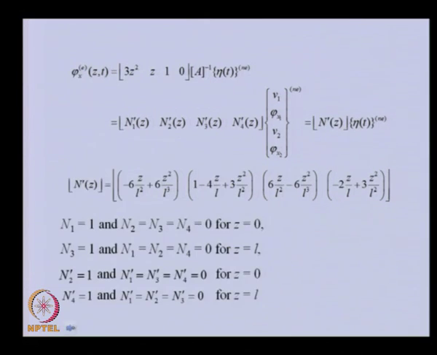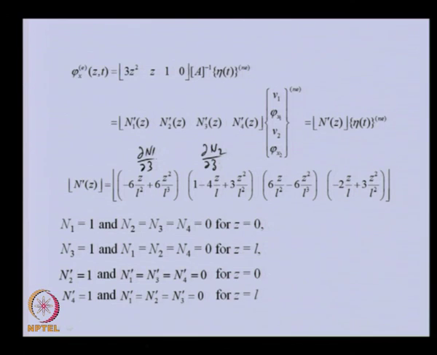And for slope we wrote similarly. Here, in place of a, we have substituted its value. If we multiply the capital A matrix and this, we will get the differentiation of the shape functions. These are nothing but the differentiation of n1 with respect to z, n2 with respect to z, etc.